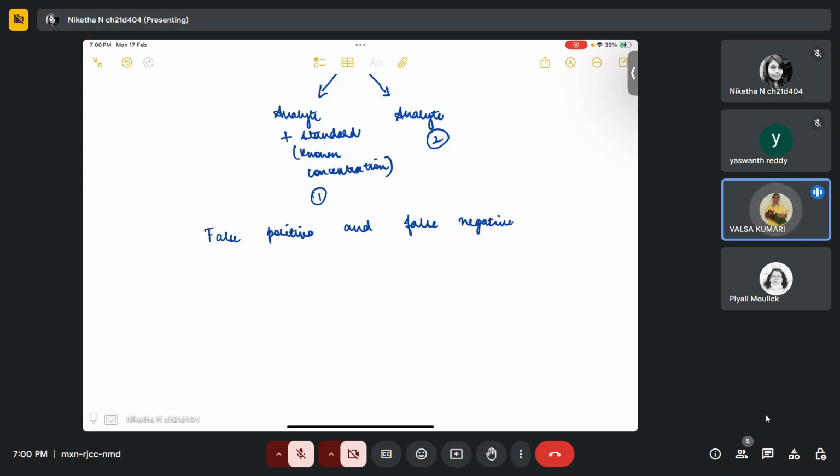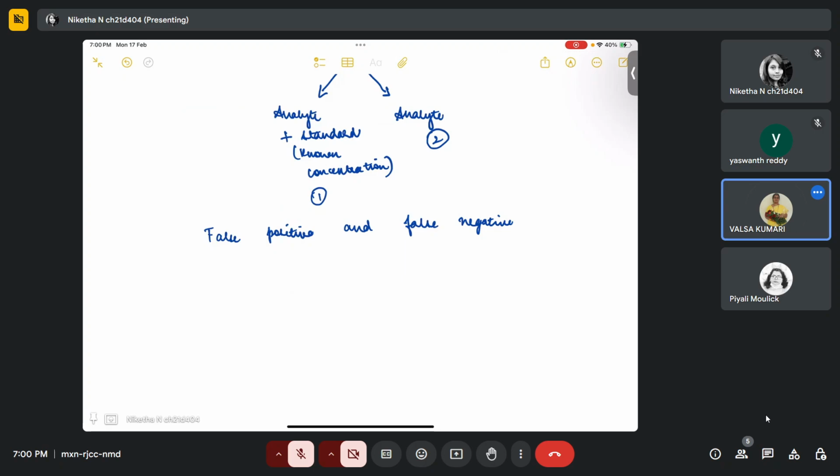False positive means more than the actual concentration, and false negative means less than the actual concentration. Yeah. So, why do we get these two results? Due to loss during the steps involved in the process. What will come with loss, negative or positive?